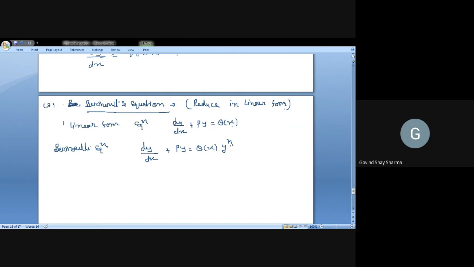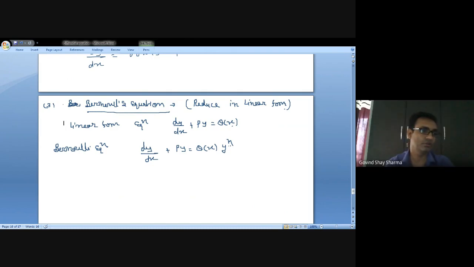This is called the Bernoulli equation. Okay, and how can we solve it? We can solve it by changing it to the linear form of differential equation.